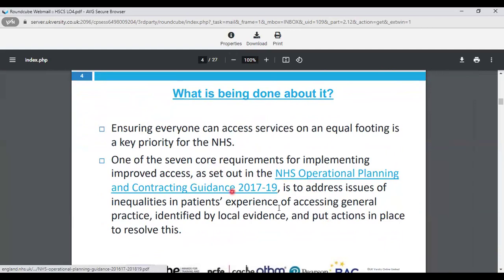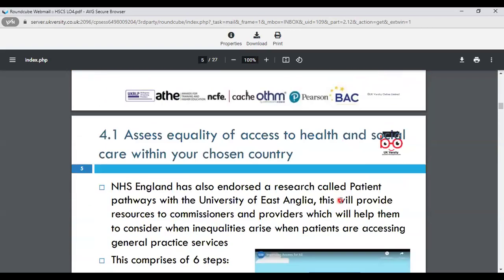One of the seven core requirements for implementing improved access, as set out in the NHS Operational Planning and Contracting Guidance 2017 to 19, is to address issues of inequalities in patients' experience of accessing general practice that have been identified by local evidence, and put actions in place to resolve them. So this is the document that was produced to work on these inequalities.